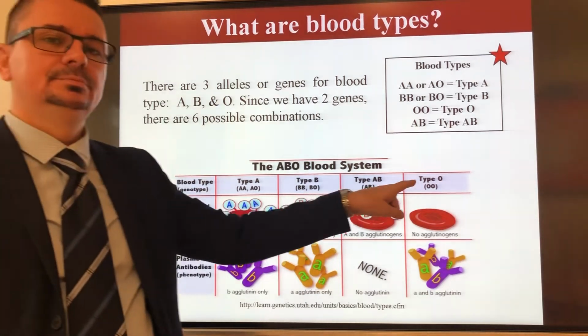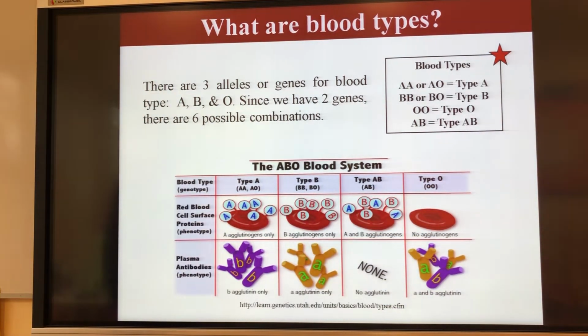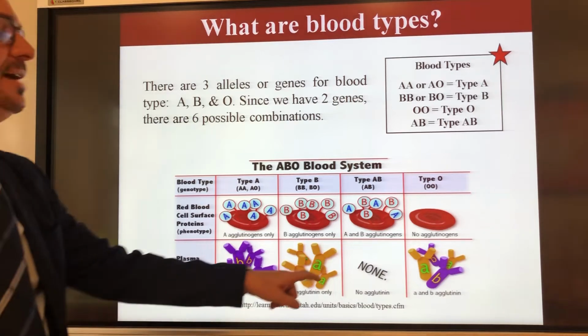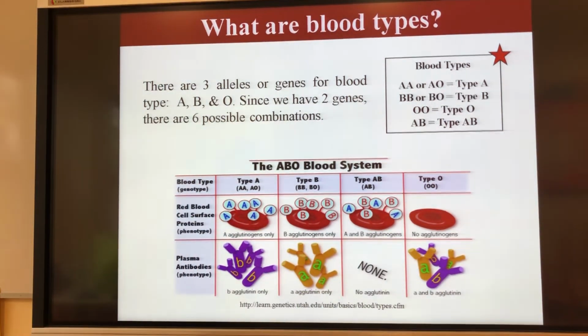Type O, this kind of blood type has no surface proteins, but if you look at the antibodies, they have antibodies A and B. So what does that mean? That means that type O blood has no antigens. It will not react with any antibodies. So a person with O type blood can give blood to anyone.